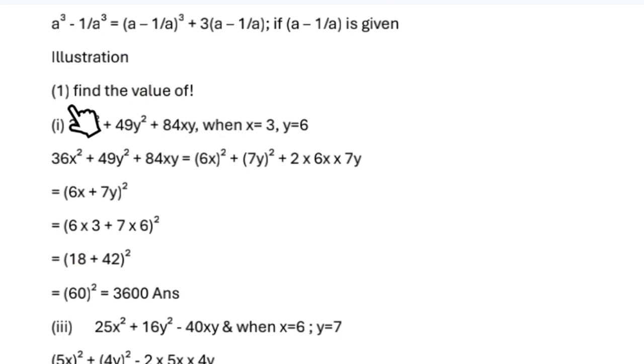Now the illustration of the first one is: find the value of 36x square plus 49y square plus 84xy when x is equal to 3, y is equal to 6.